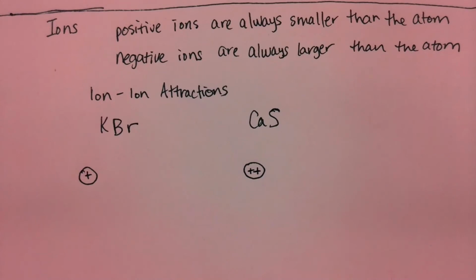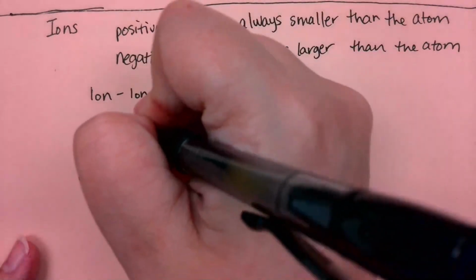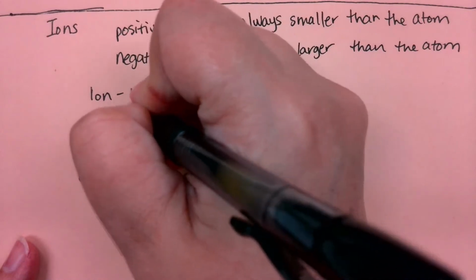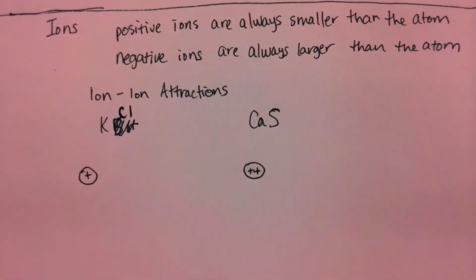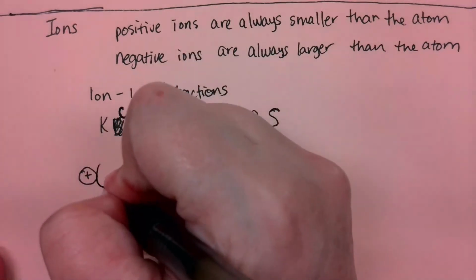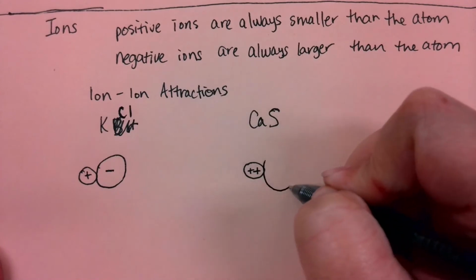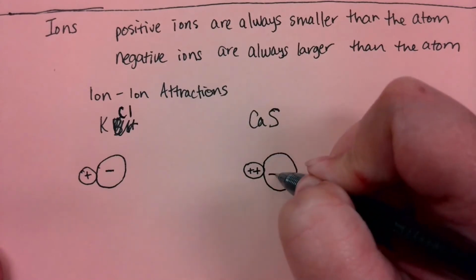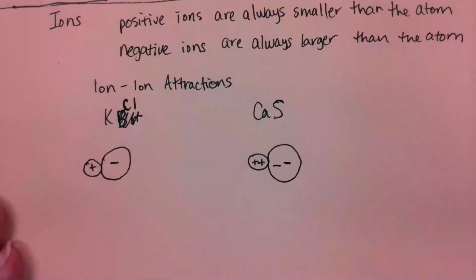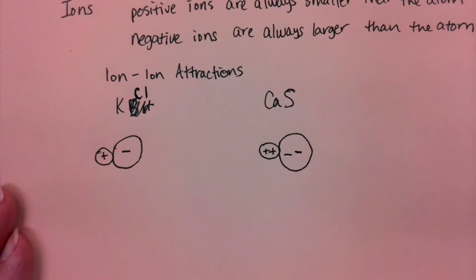And then bromine and sulfur, let's do chlorine so that they're neighbors again. Chlorine and sulfur are neighbors. Sulfur is going to be a slightly bigger negative because of the 2 negatives, but they're going to be bigger than these guys because they're negative. But they're comparable in size.